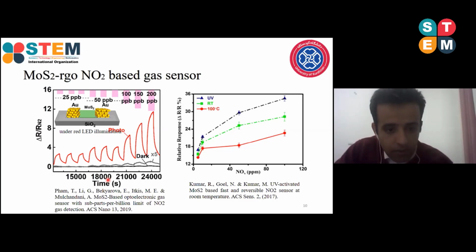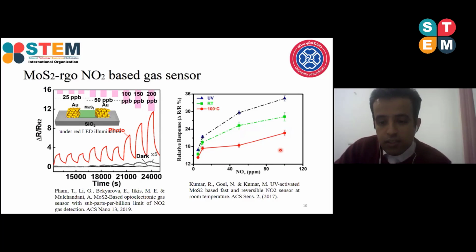And there are some reports on MoS2 structures that work under illumination. Here is the sensor in the dark state, and after illumination with light, the sensitivity and also the recovery time are improved considerably.